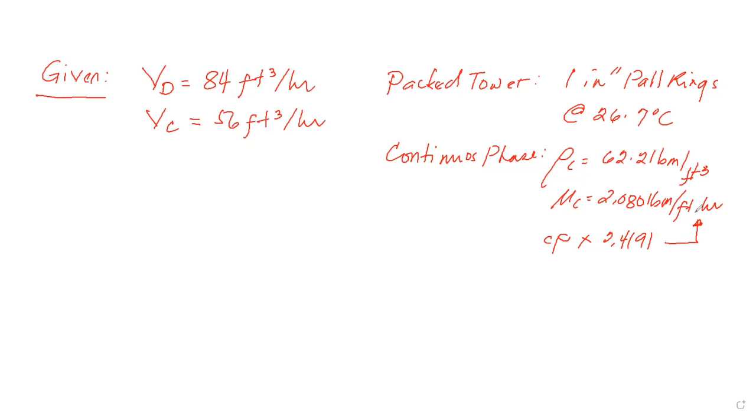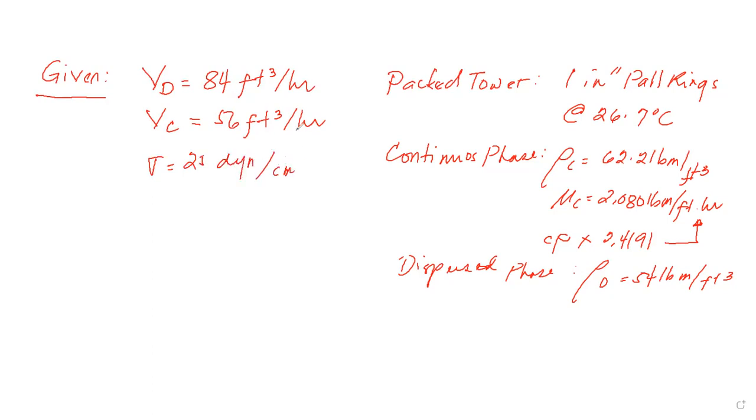Mu C, rho C. Then for the dispersed phase, we have its density to be 54 pound mass per cubic feet. And then we have the interfacial tension. I'd like to write it here now. It's 25 dyne per centimeter.